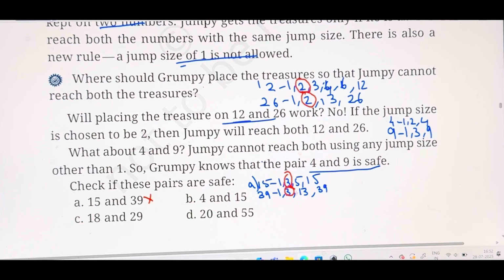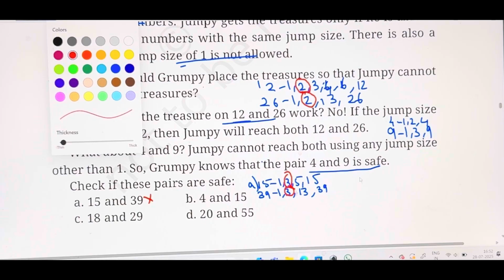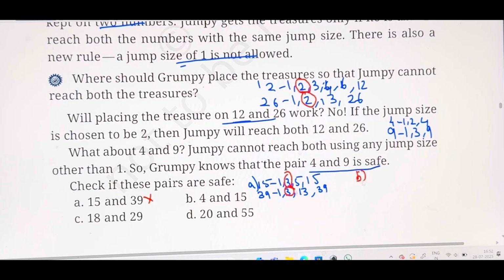Let us check question B. The factors of 4 are 1, 2 and 4. We already did it here. And factors of 15 are 1, 3, 5, 15. Here nothing is common other than 1. So 4 and 15 are safe treasure numbers.